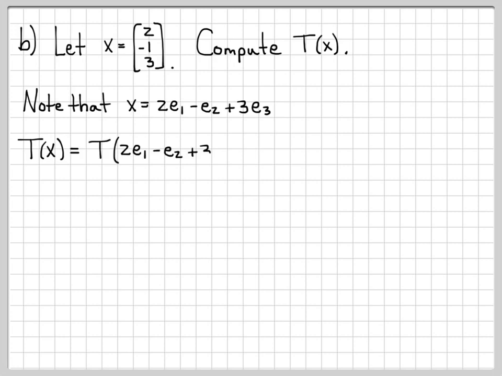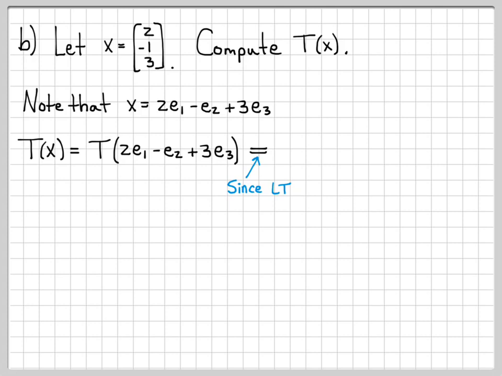So let's go ahead and compute T of x. To compute T of x, equivalently, I need to compute the linear transformation of this quantity, right? Because x is actually equal to that quantity right there. And now, here's what's interesting. You can't do this every time, but because T is a linear transformation, it has certain properties.